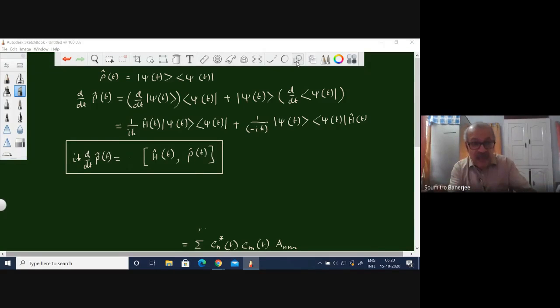It looks very much like the usual Schrodinger equation. Only thing is that the right hand side is the commutator between the Hamiltonian as a matrix and your rho as a matrix. So you can easily compute that. You would notice that this formalism is leading to certain advantages as far as the computation is concerned.